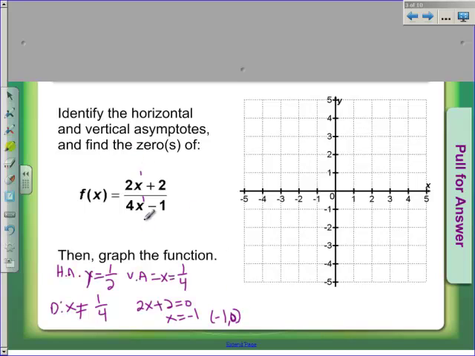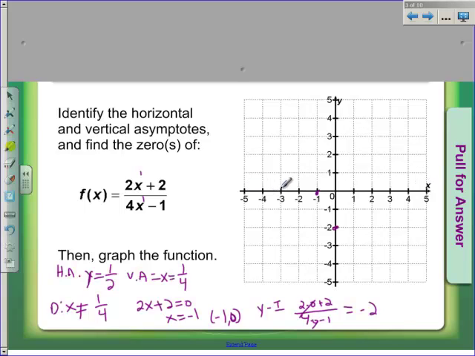For the y-intercept, we replace x with 0. So our y-intercept is 2 times 0 plus 2 over 4 times 0 minus 1, and we get -2. So we should have a graph that touches here at -2 and here at -1. We should have a vertical asymptote at 1/4, and also a horizontal asymptote at y equals 1/2.